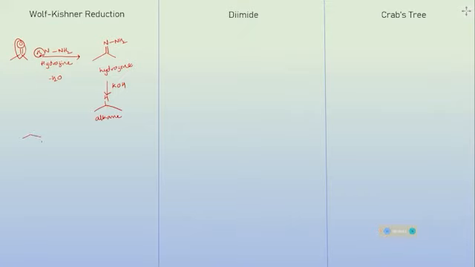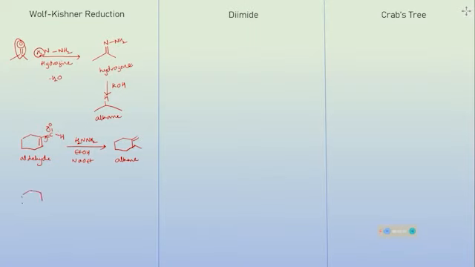In the case of alpha beta unsaturated aldehyde on reaction with hydrazine in the presence of base, it undergoes a rearrangement reaction and forms an alkene. Okay, this bond will be shifted like this, and this is converted to CH2.